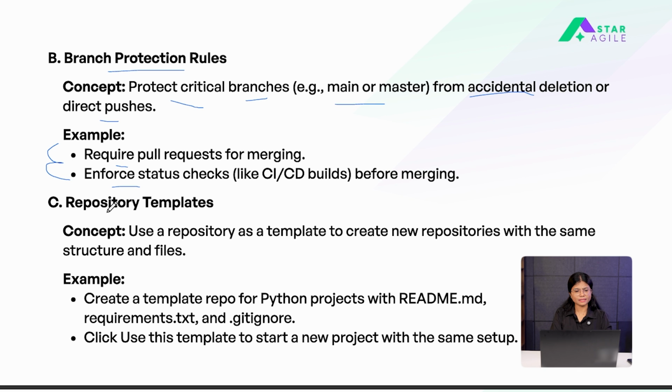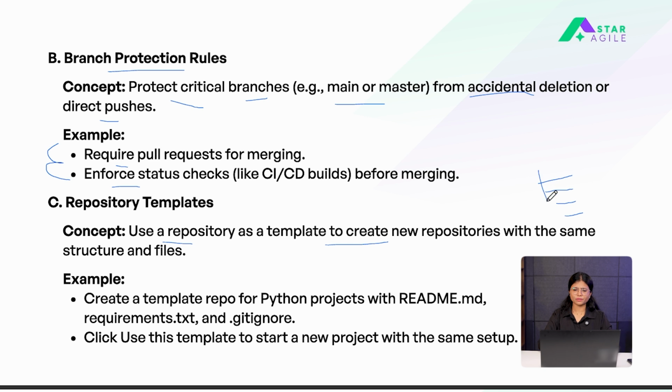Then we have something called repository templates. What does it mean? A repository template lets you use a repository as a template to create a new repository with the same structure and files. Let's say you want to follow a proper structure: first you give the profile name, next your projects, then your skills, then the conclusion part.